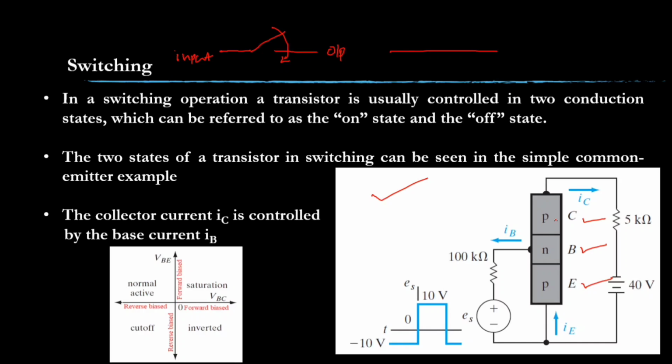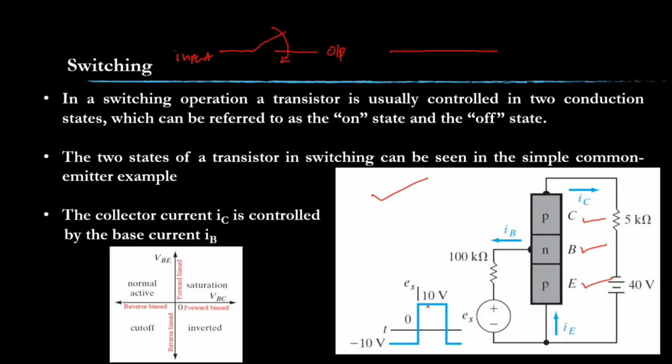And here we need to explain the switching operation, right? That means the on state and off state of the BJT. So here I have given a pulse, a voltage pulse. It has minus 10 volt as well as plus 10 volt, peak to peak.